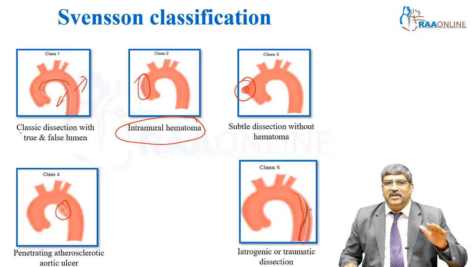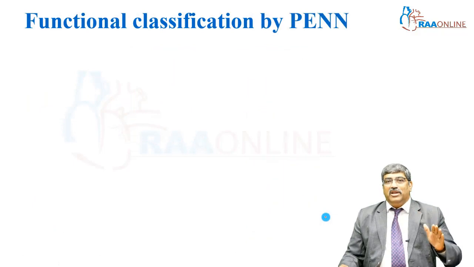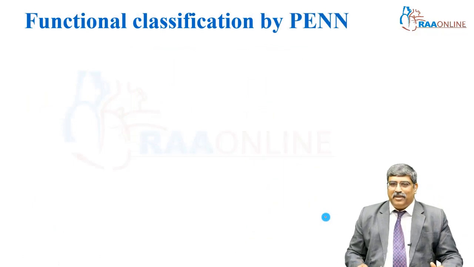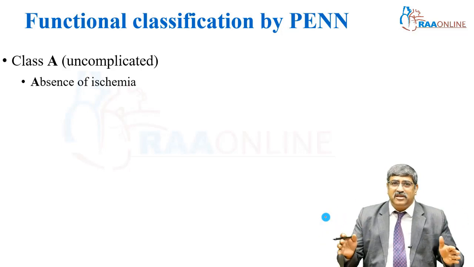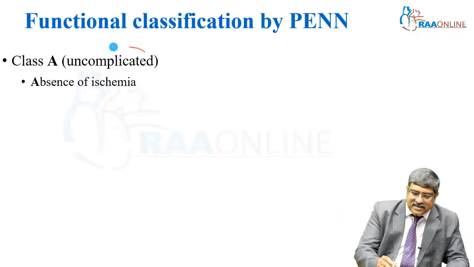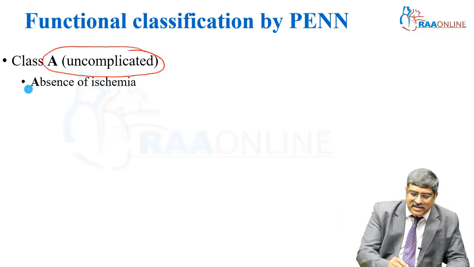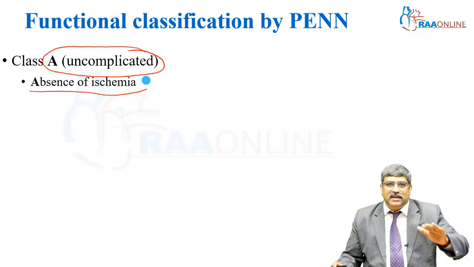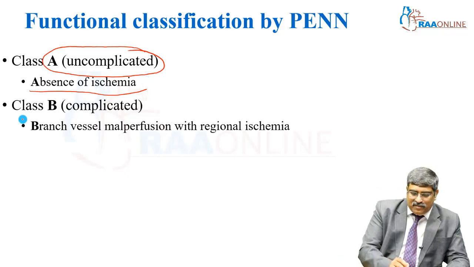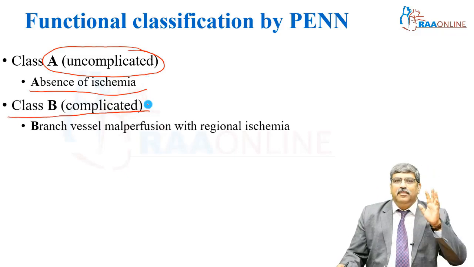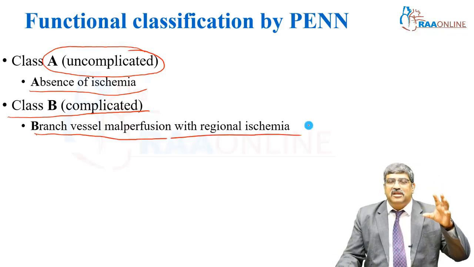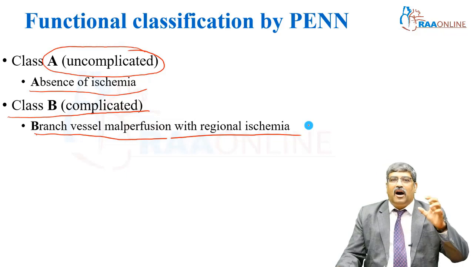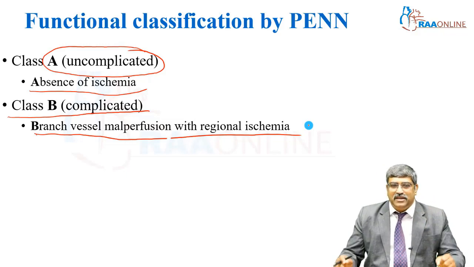This is Stevenson's classification. Now coming to the functional classification by Penn. Here you look at the symptomatology or the presentation of aortic syndrome. Class A is uncomplicated, which means absence of any ischemia. Class B is called complicated. Here B is for branch vessel malperfusion. The vessels which arise from the aorta are having some regional ischemia.